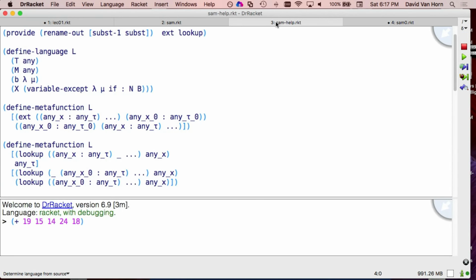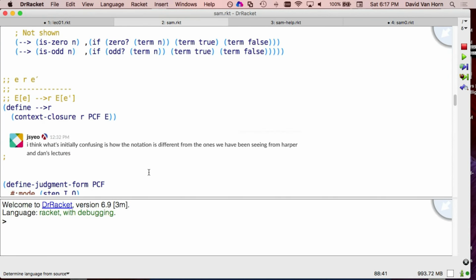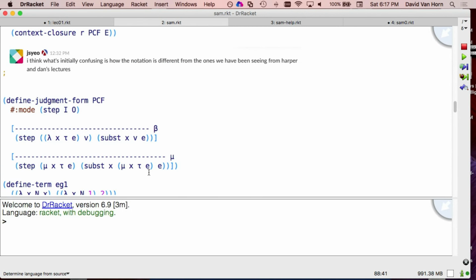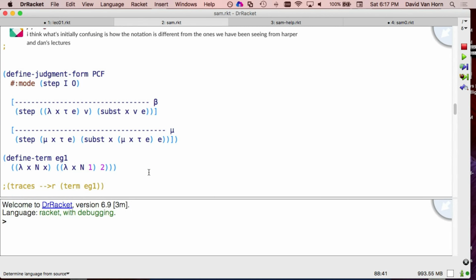Okay, so what else did Sam do? Well, I want to show you that you could write things in the structured operational semantics style, where you write the dynamic semantics as a judgment, okay, which is more like the style of what Bob and Frank and Dan did.